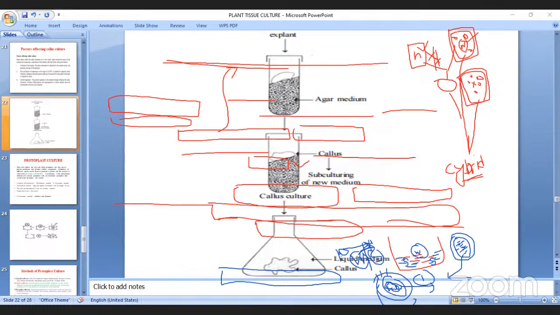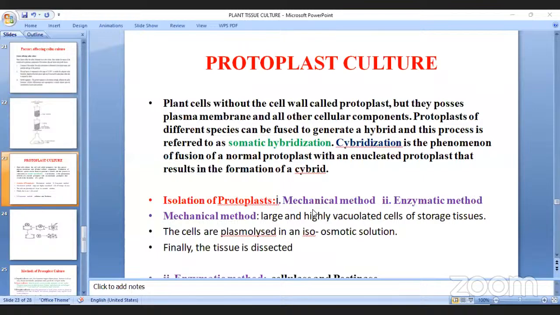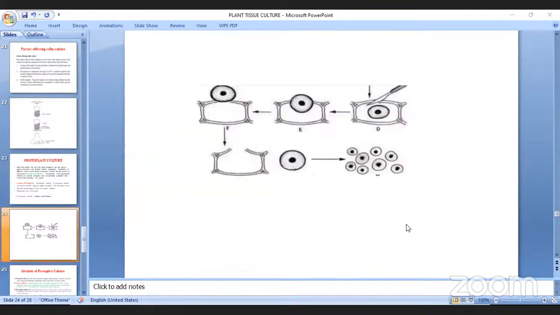Cell wall layers and cell wall chemicals.